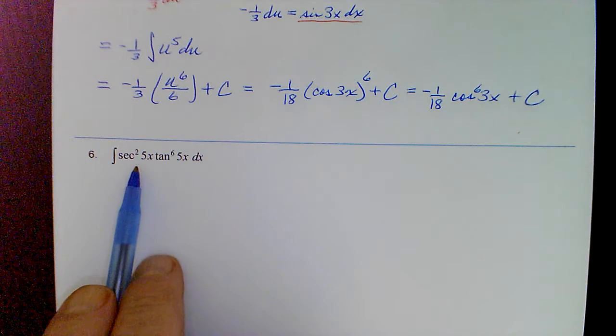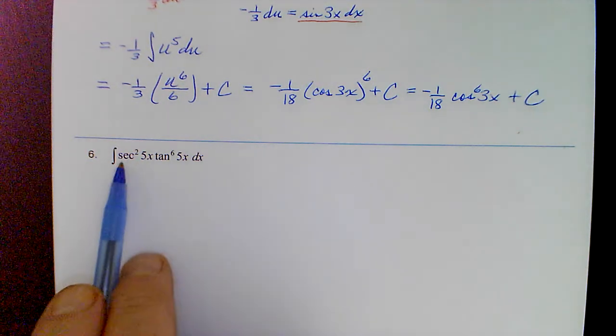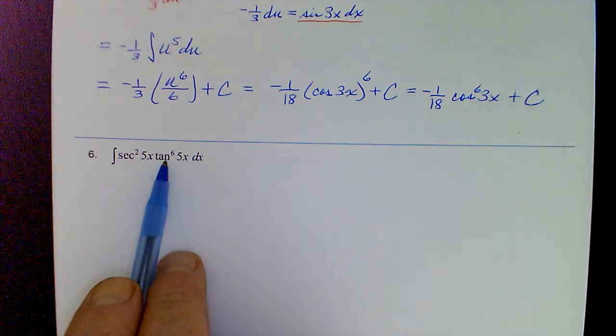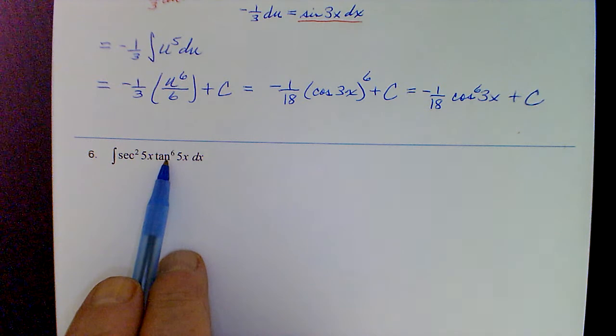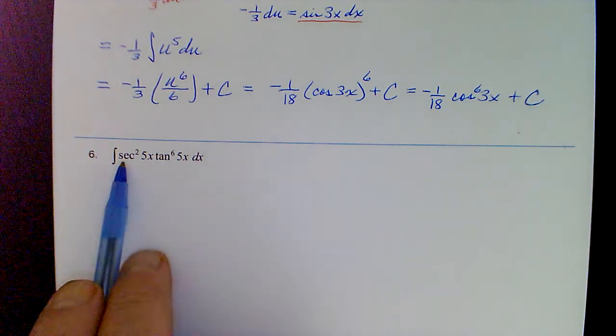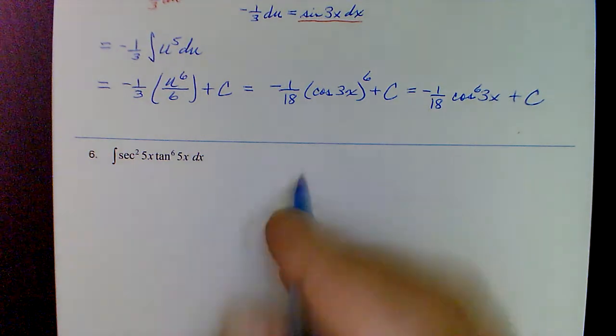Well, we have to think a little bit. We know the du needs to be satisfied, so if we pick our u to be secant, think of its derivative, secant tangent. We have a secant, but we have way too many tangents. So if we think of picking u to be the tangent function, we know the du needs to be satisfied. The derivative of tangent is secant squared, and there's the secant squared that's going to help to satisfy the du.